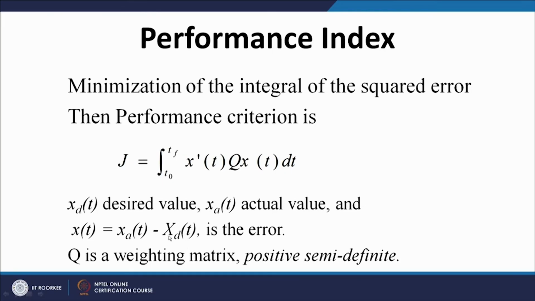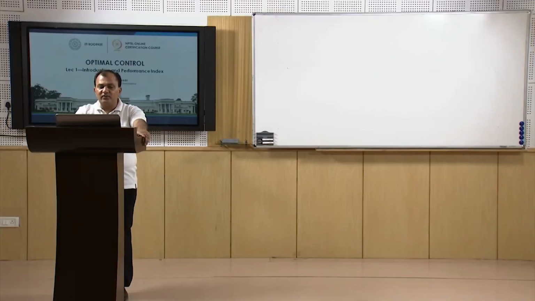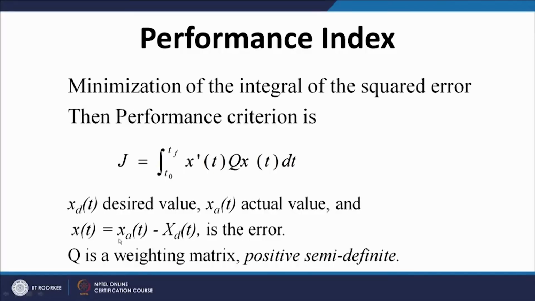So, if I set my desired to be 0, like we took an example before, which is my set point, xd in this case is nothing but my set point. So, if xd is 0, then x is nothing but the actual state.